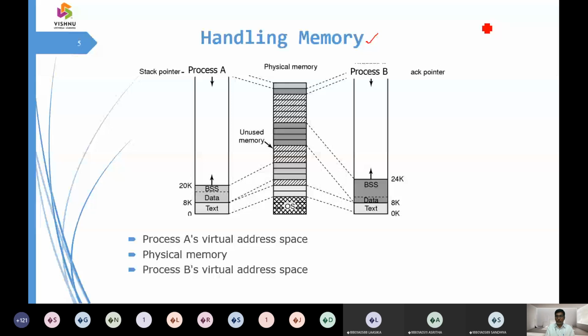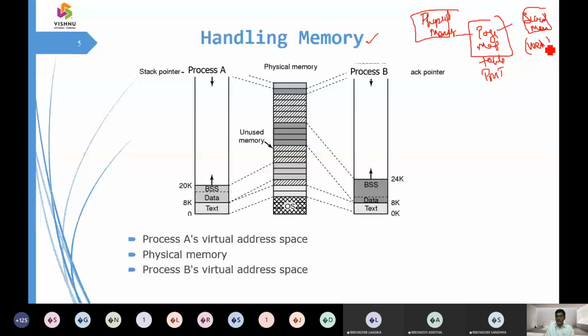So we will have the page map table, which we are going to call PMT. At one end we are going to have the physical memory, and at the other we are going to have the secondary memory. If such is the case, in the secondary memory we are going to have the virtual addresses, and in the physical memory we are going to have the physical addresses.